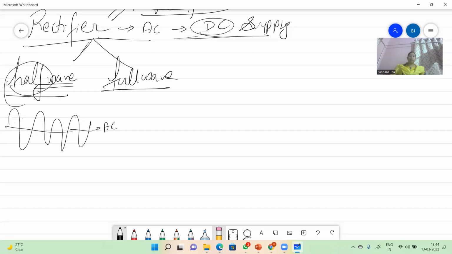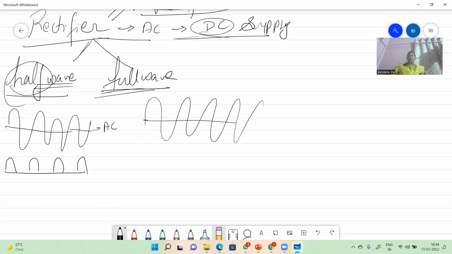Half. So it means that only half is converted. Full wave means what? If this is my AC wave, it means the DC will be full. Fully converted into DC supply. Understood?